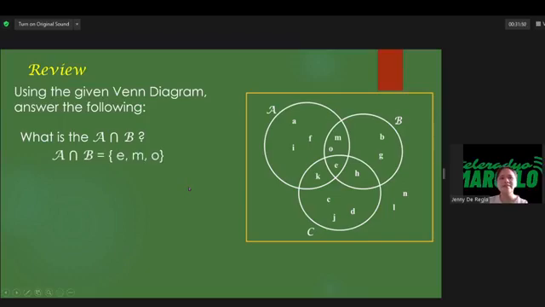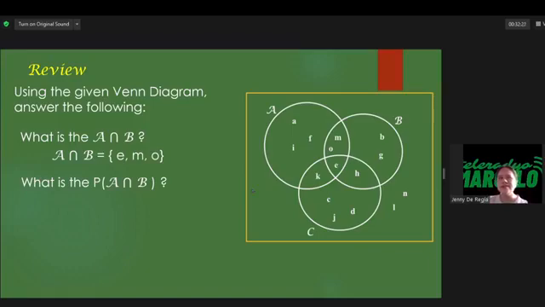The set of elements of A intersection B are letters M, O, E, or E, M, O. Next. What is the probability of A intersection B?